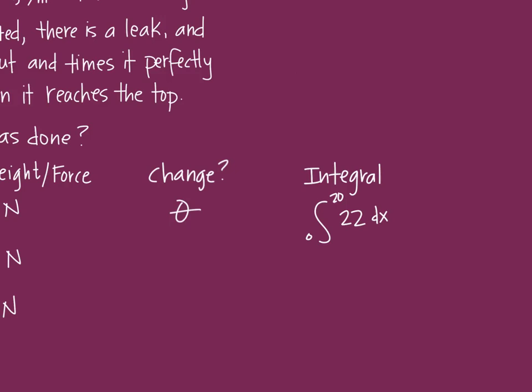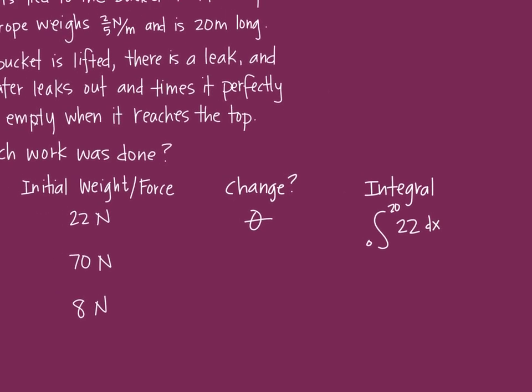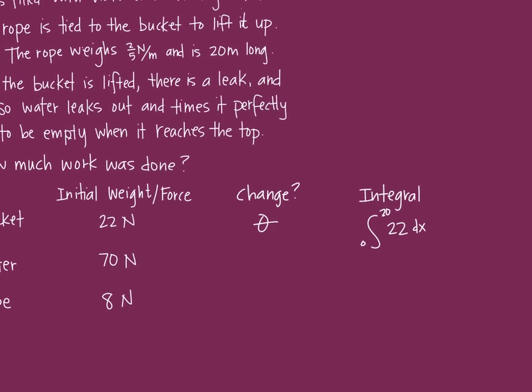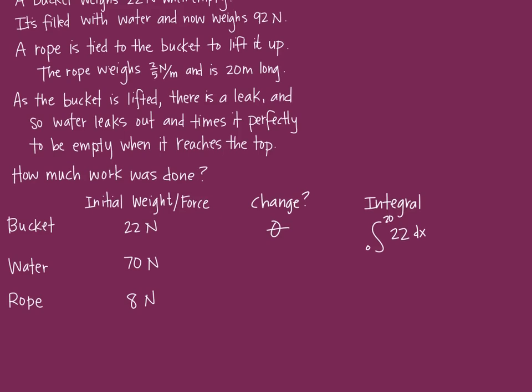So for the entire length of the rope, that bucket never changes. The integral of force is work. So all we had is one force, and it was 22.